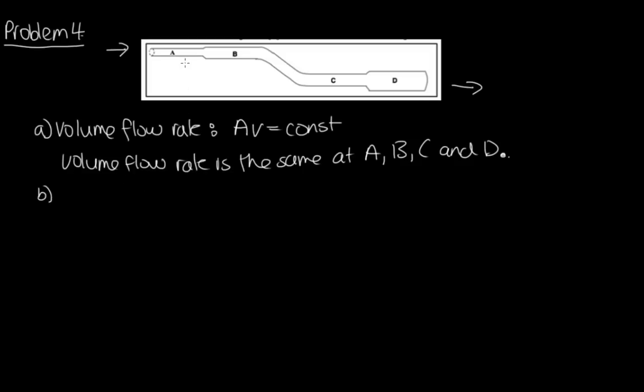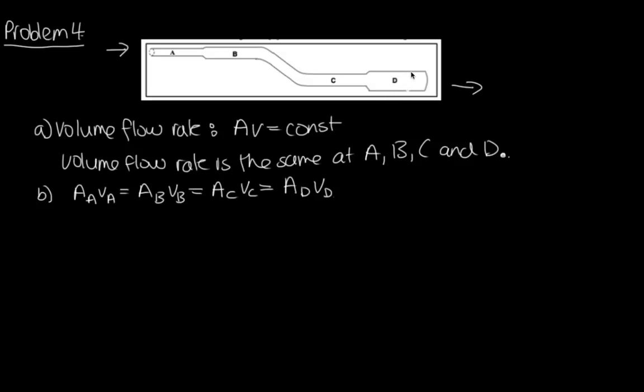So to rank the velocity, we will use this volume flow rate equation. We know that the area at A times the velocity at A is equal to the area at B times the velocity at B, which is equal to the area at C times the velocity at C, which is equal to the area at D times the velocity at D. And we can see that D has the biggest cross-sectional area.